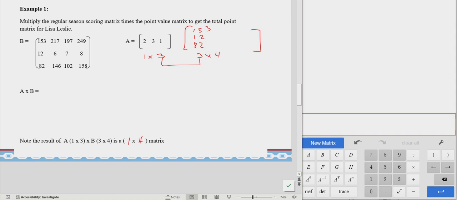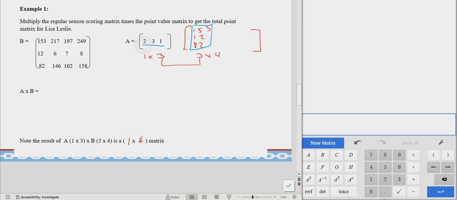Okay, so just a quick overview of this process. I am going to multiply the first row by the first column. And then I will go through and add all of those terms together.